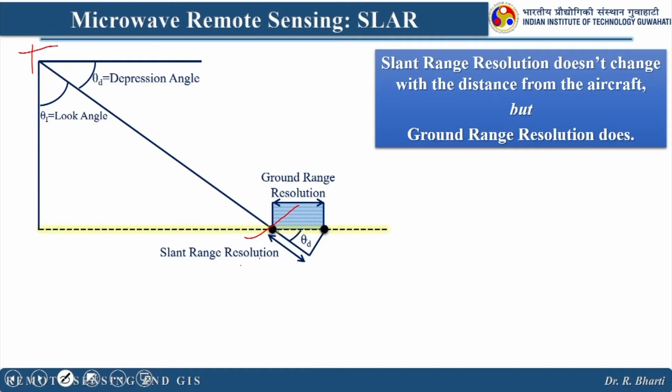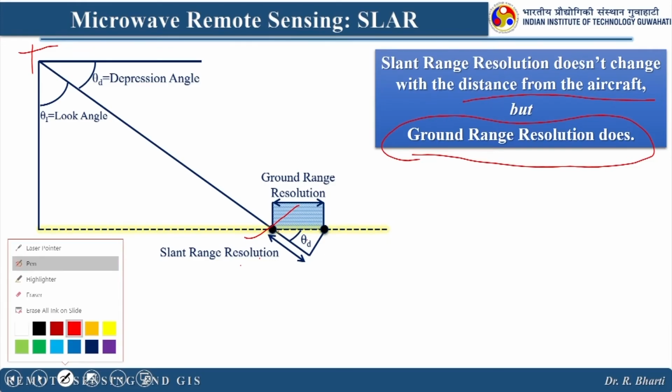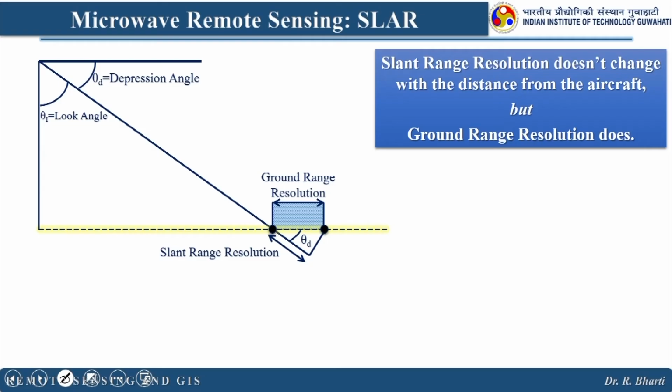So it will not get affected by the altitude, the distance from the aircraft, but ground range resolution will get affected when you are changing the distance between the object and the aircraft.